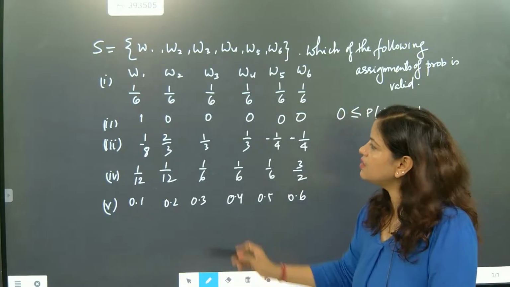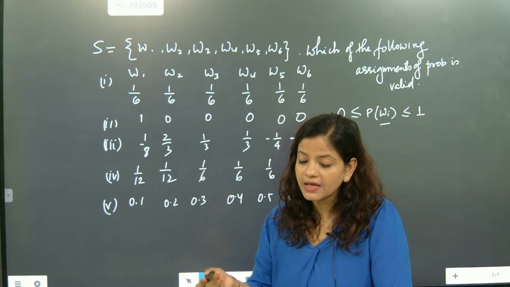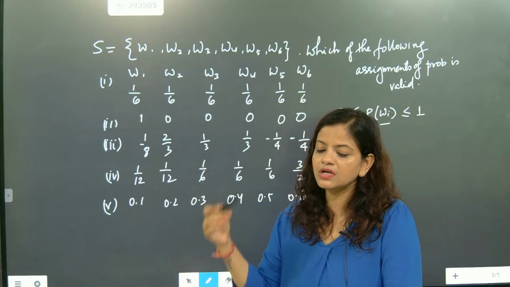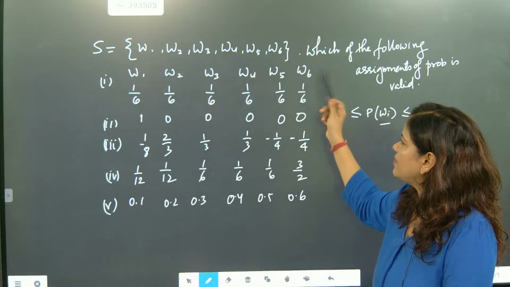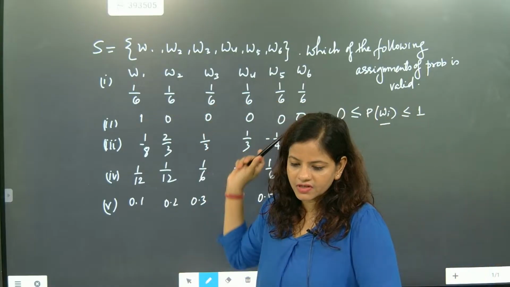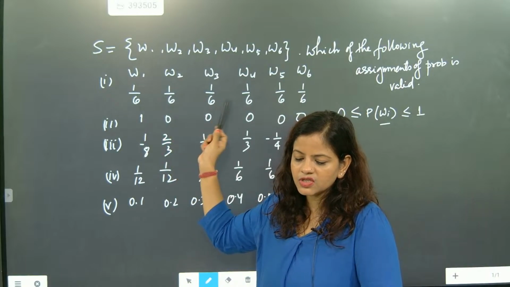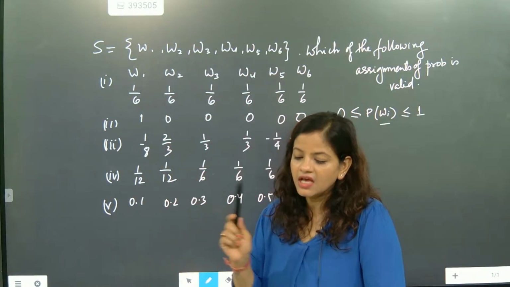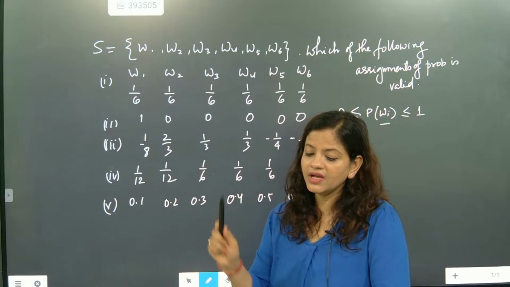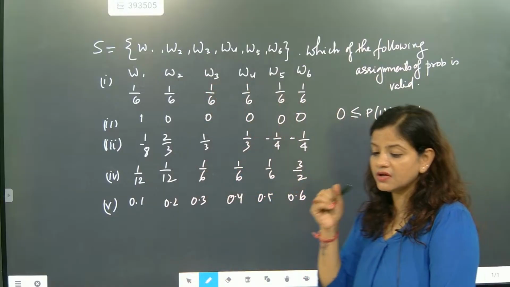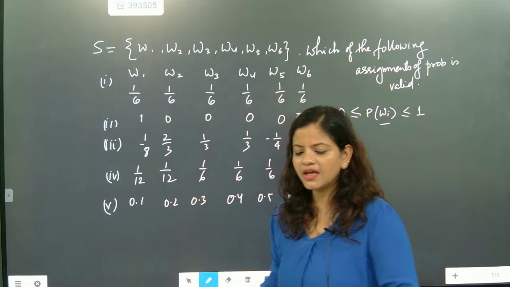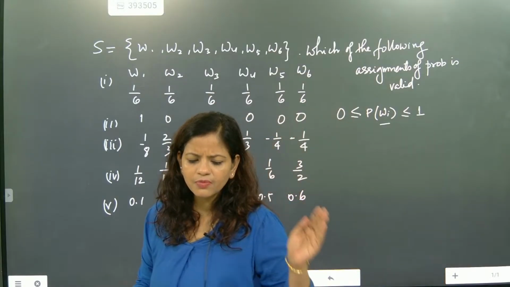So beta, look here, the probability value should lie between 0 and 1 for W1, W2, W3, W4, W5, W6. So all these are events. Whenever we summarize these events, they should come under the format of a sample space. There is confusion, they will be thinking that all events are single probability.